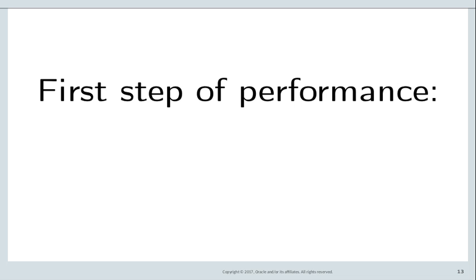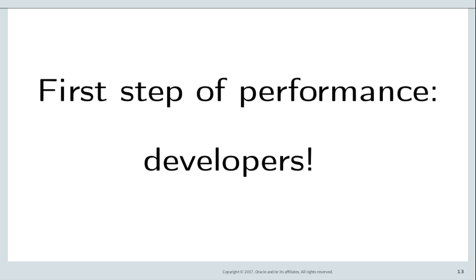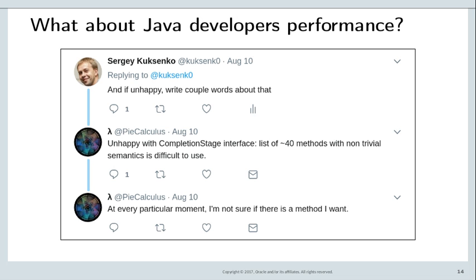I think, and I just say that first of all we should think not about performance of our programs, but we have to think about performance of our developers. When I did that survey on Twitter, I got a lot of complaints that the CompletableFuture and CompletionStage interfaces are quite complex, with a lot of methods, not trivial to understand, and so on.